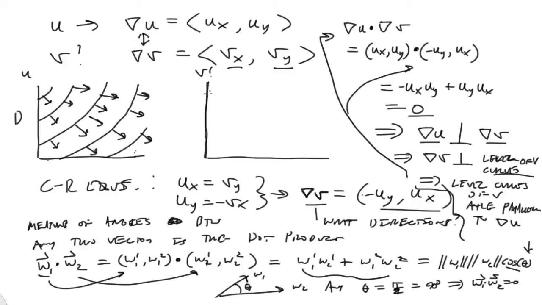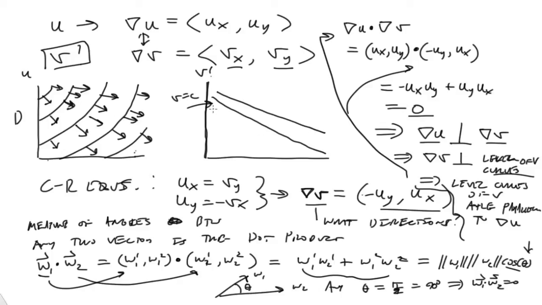So that means the level curves of v are going to be parallel to here. Wherever I see this nice little line, sort of radiating like that, that will be a level curve. That is a point where v equals some constant. Likewise, if I see my gradient field there, I can draw a line right there, and they're sort of radiating out like that. So those are the level curves of v. And likewise, we know that its gradient field has to be perpendicular to its level curves, like so.